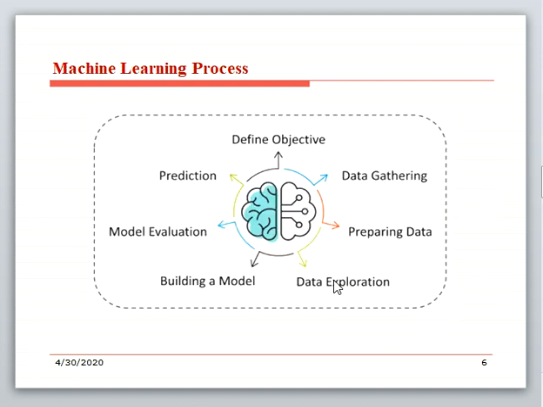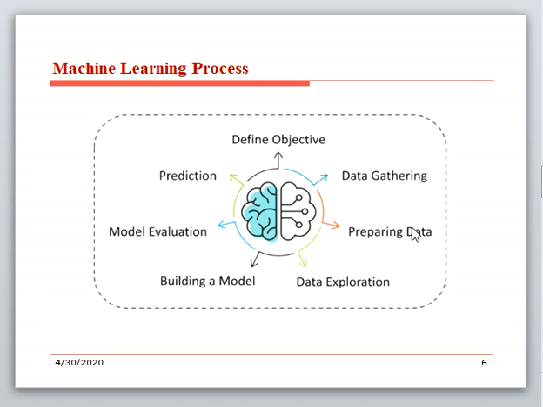Next I am going to talk about the machine learning process, the stepwise process that is followed by the machine. Initially, the first step is to define the objective for the machine: what the machine must do. The next step is data gathering, where I give some particular data. After gathering the data, it is prepared according to the algorithm.